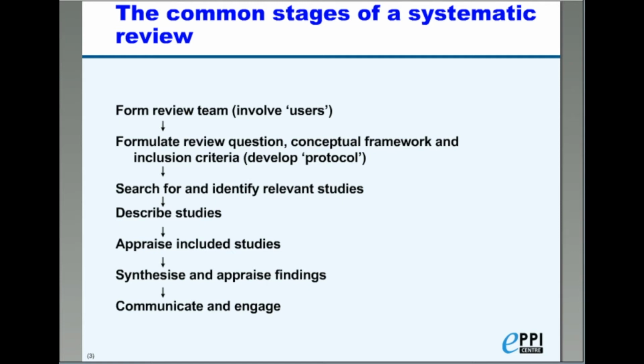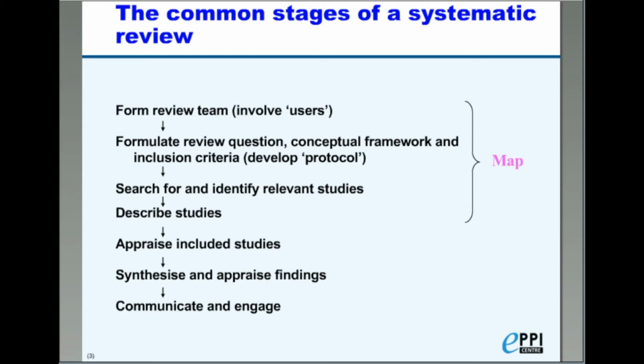And you'd work on clarifying the review question, what we would call unpacking the conceptual framework, and specifying what studies were going to be included, the inclusion criteria, and then search for such studies, screen the studies to make sure they really fit your needs, describe the studies, appraise them to make sure that they are of the right quality and relevance for your needs, and then use the findings of the studies to create a synthesis of the findings and then tell people about those findings.